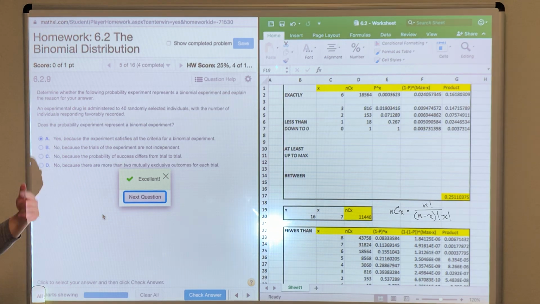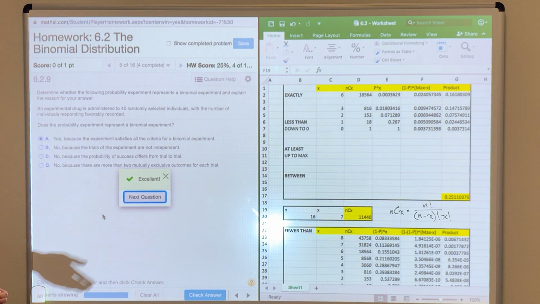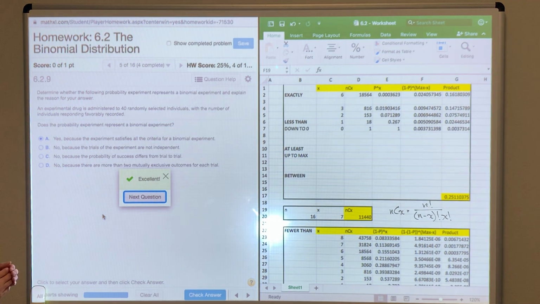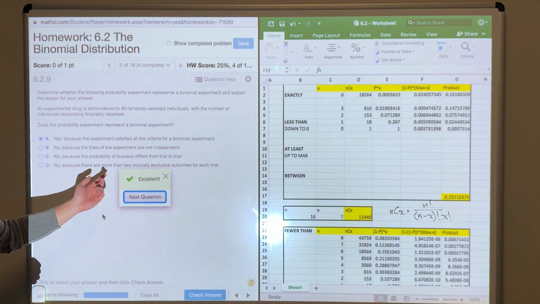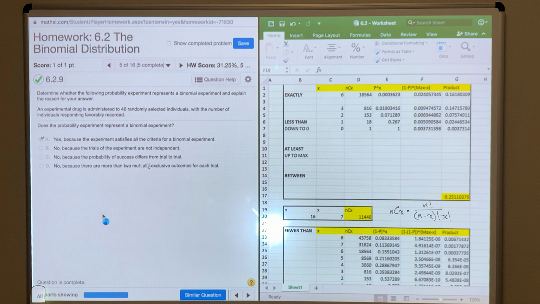Every single time somebody gets the experimental drug, there is a reset, so we should have the same general probability for every trial. No, because there are more than 2 mutually exclusive outcomes for each trial. No, that's not true at all. There are only two mutually exclusive outcomes, favorable or unfavorable, okay?